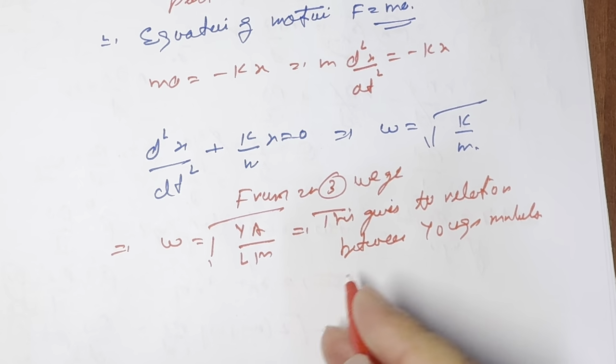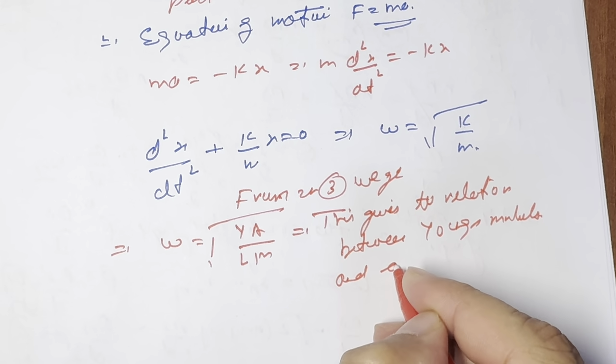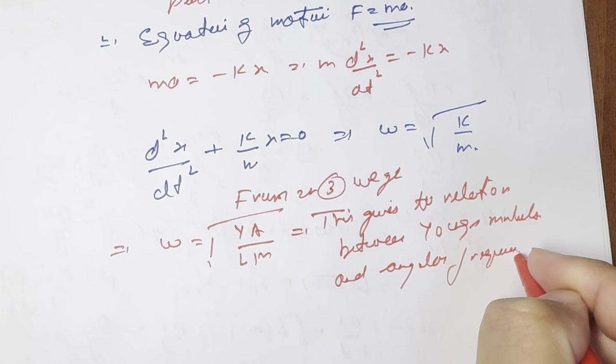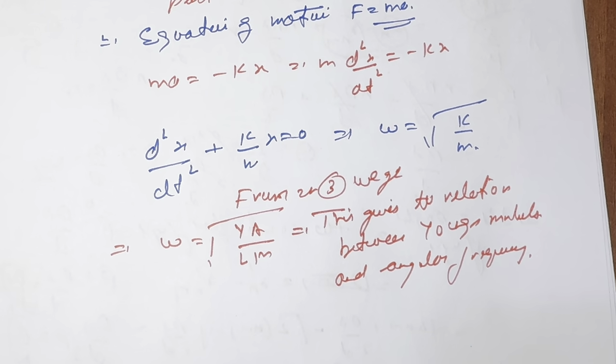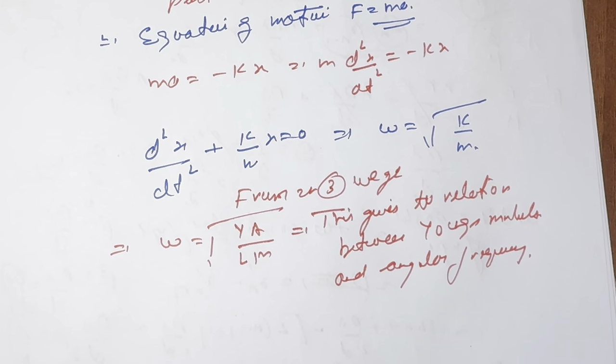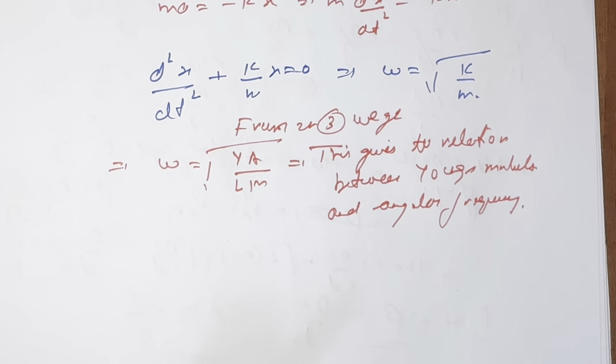If this relationship is known to you, you can use the formula directly and find out the Young's modulus Y. And if you don't know, this is the way to derive it.